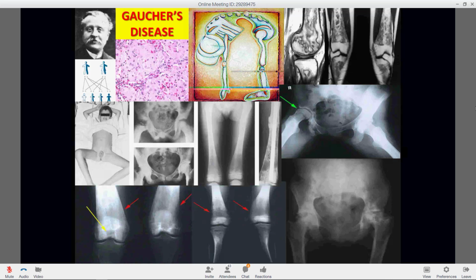If the enzyme is lacking, the glucocerebroside cannot be excreted, and instead it is stored in the lysosomal bodies of the macrophages of the reticuloendothelial system, notably in the bone marrow, spleen, and liver. Accumulation of these abnormal macrophages leads to enlargement of the spleen and liver, and secondary changes in the marrow and bone.